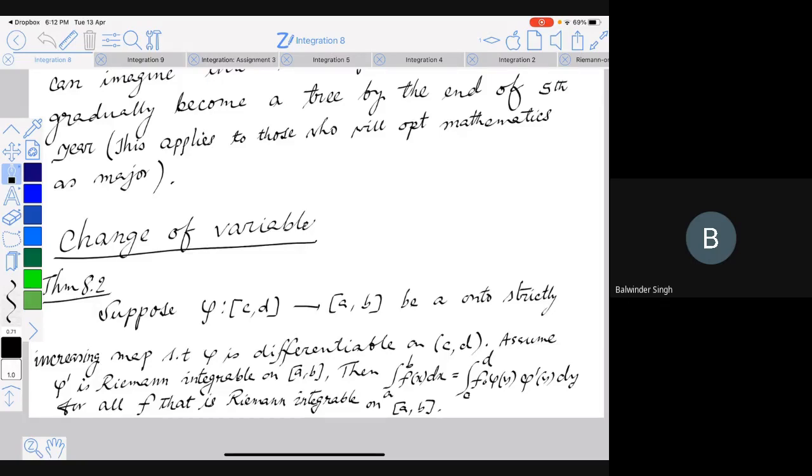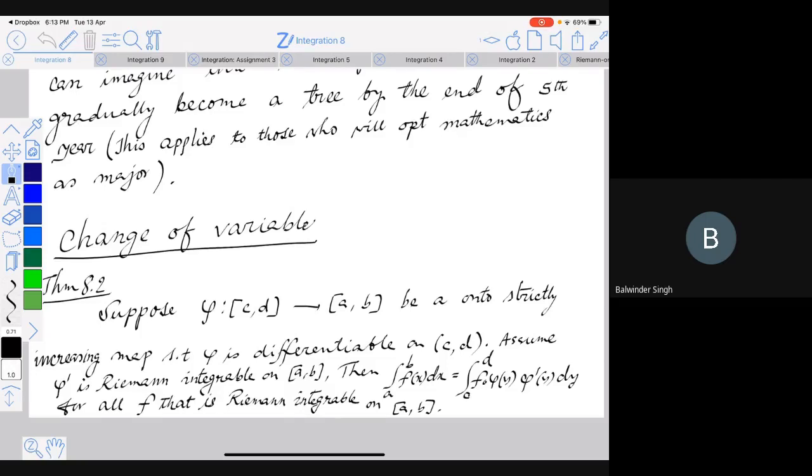So what you want to do is, instead of that one, you look at the Riemann sum, right? Yes, so I will have to calculate the sum.